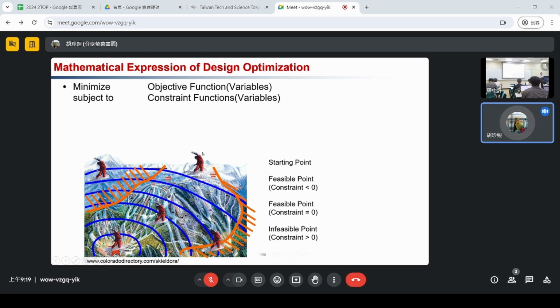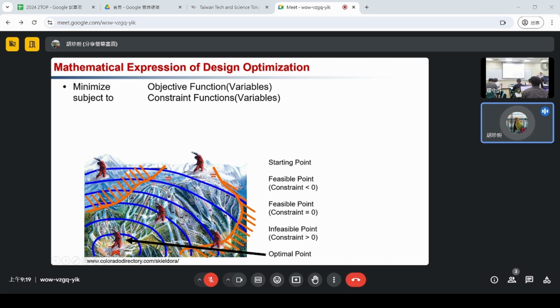Finally, we want to move the design point through some kind of process and hope that at the end it can find the lowest point. So the optimization process allows you to move the design point along some path and eventually you stop. Okay?